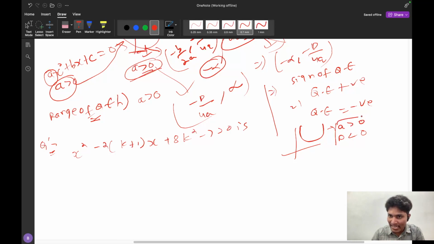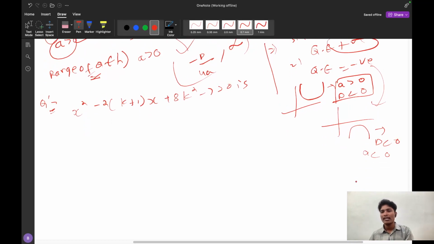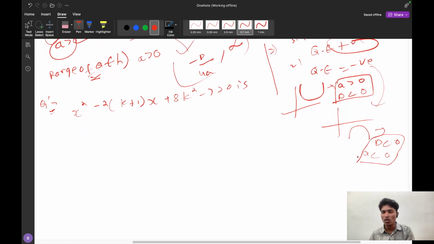So if a is greater than 0 and D is less than 0, the quadratic equation is positive. And what is negative? Like this: here the discriminant is less than 0 and a is less than 0. These two are the conditions for a downward parabola, and the quadratic equation is negative.